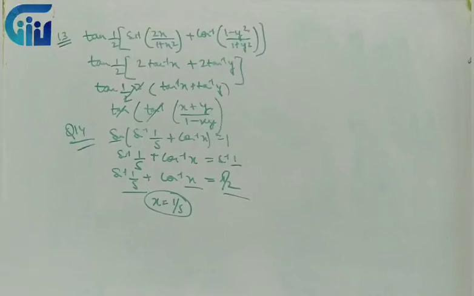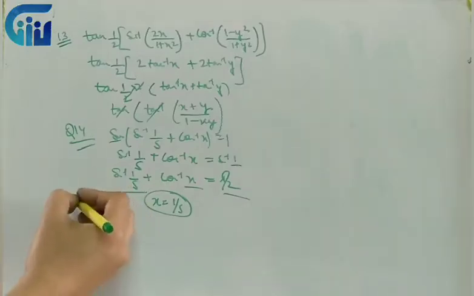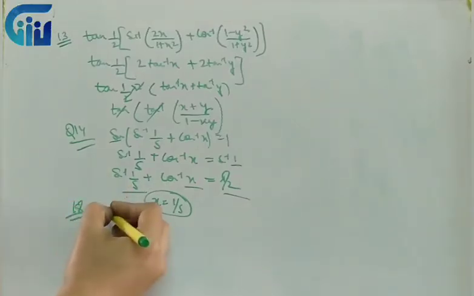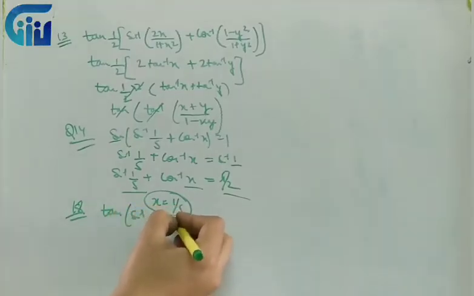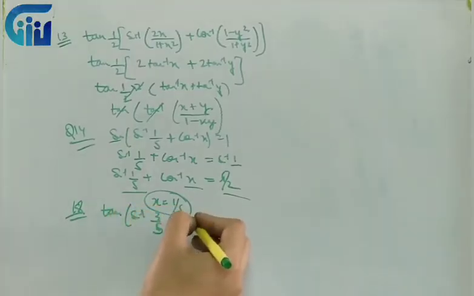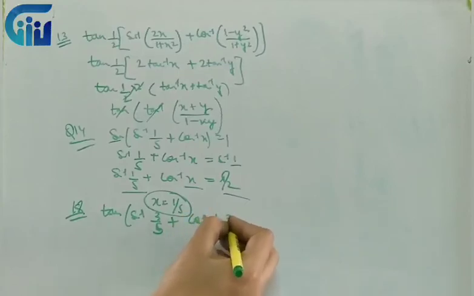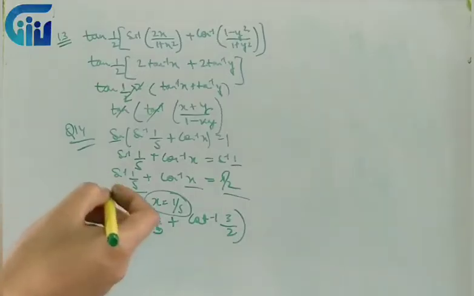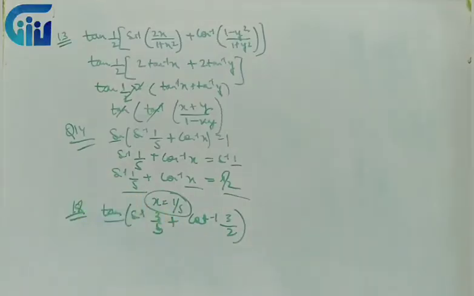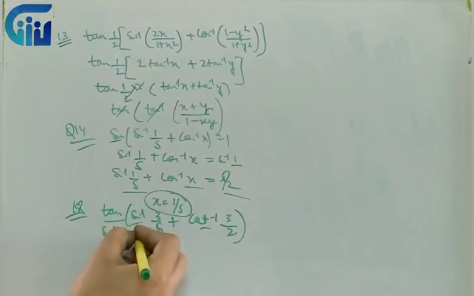Then next we will move on to question number 18 of the same exercise, which is again based on a similar formula. So what is question number 18? It is tan of sine inverse 3 by 5 plus cot inverse 3 by 2, right? Now I have sine inverse here and cot inverse over here, so we will try to change both to tan. This sine inverse 3 by 5 I'll write as x.